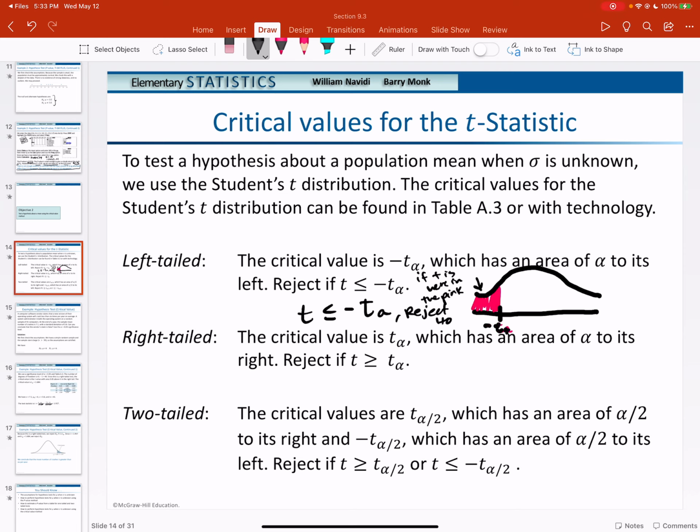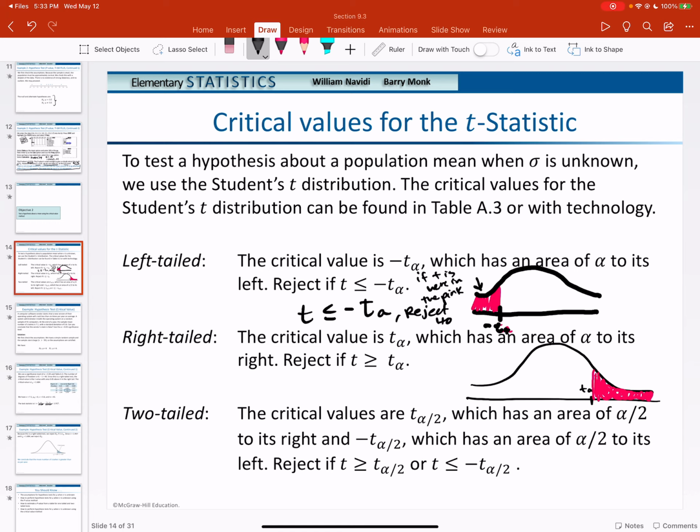Okay, the next one, right-tailed, is similar, except that the value of T alpha is positive. So then the area would be to the right. So the critical value basically is where the area starts, the shaded part.